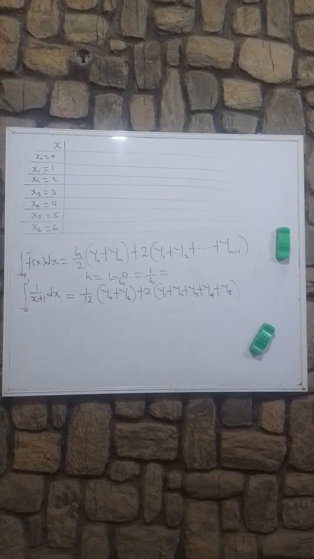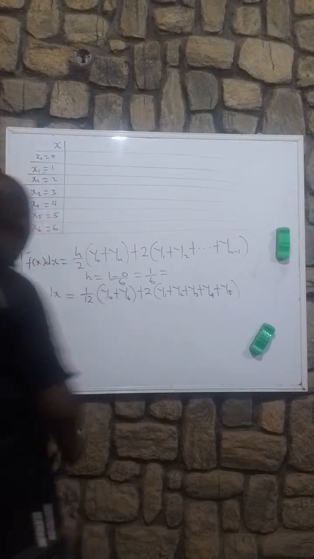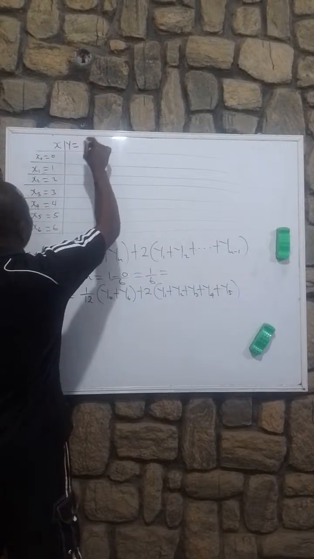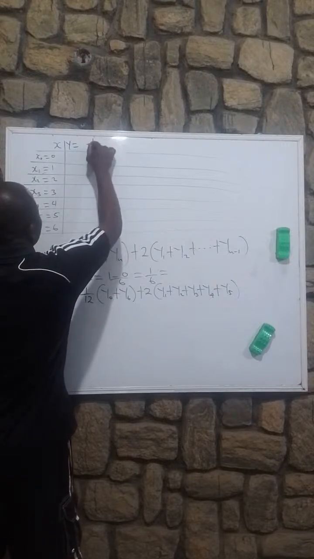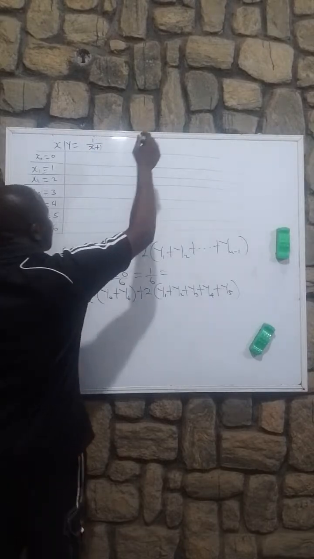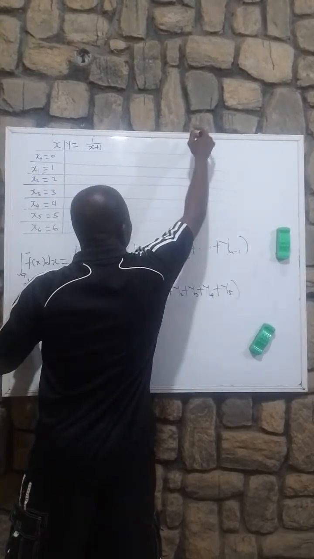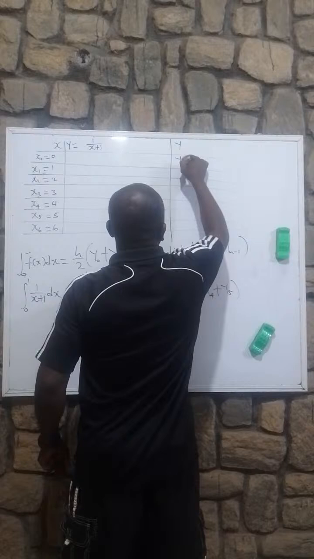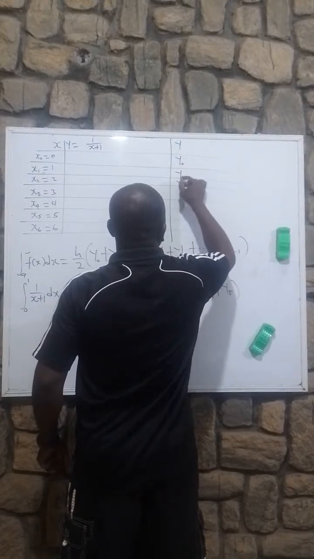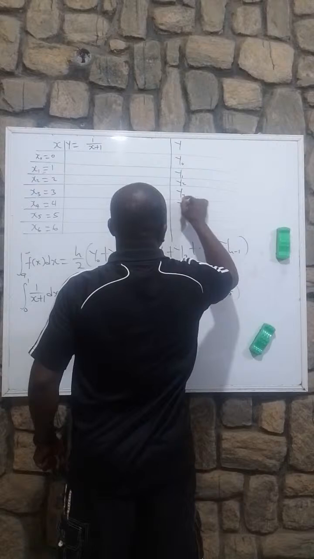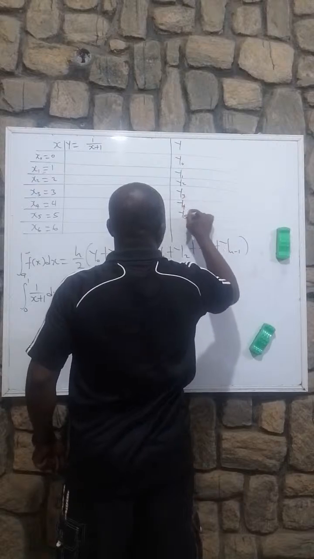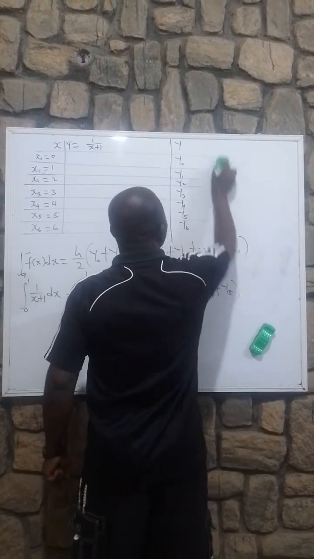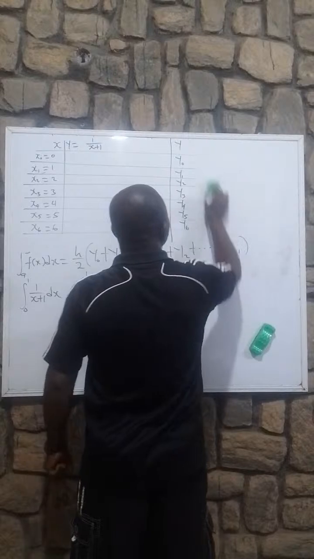Okay, so let's proceed to consider your y here, which is 1 all over x plus 1. So let us have it in this form. This is your y, so here is y0, y1, y2, y3, y4, y5, up to y6, right? This is how you are going to arrange your table.